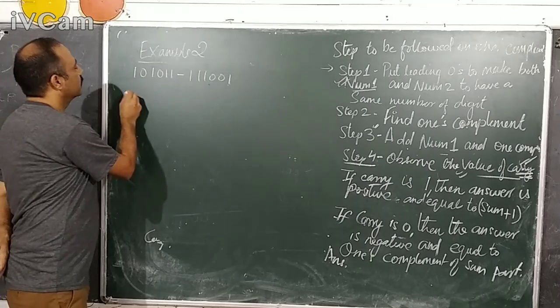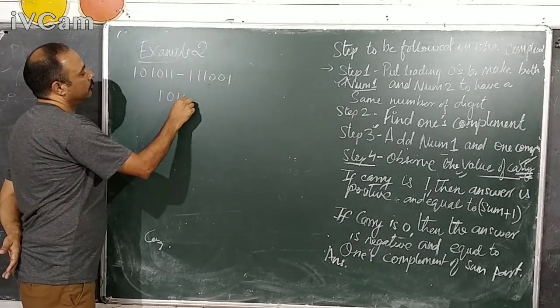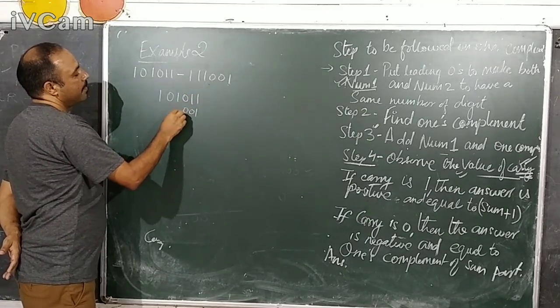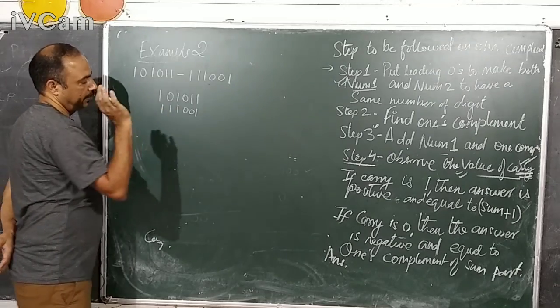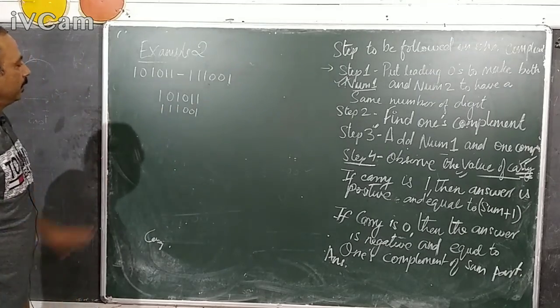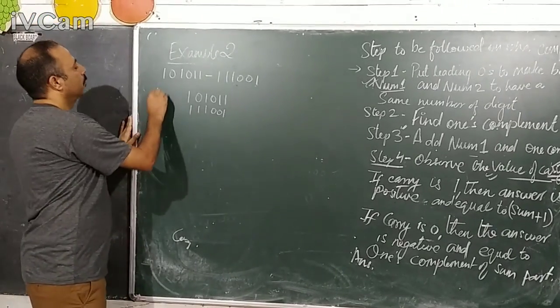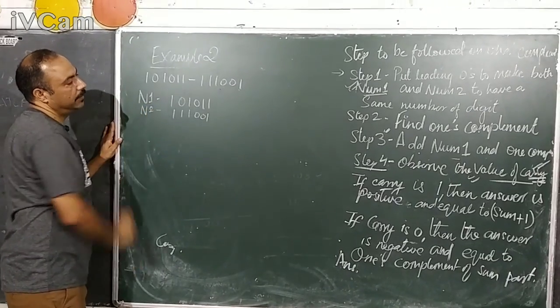Now first step, digits are equal, so we'll just follow the drill. This is equal. These are equal. The second step, we have to find the 1 complement. So this is number 1, the first number. This is number 2, the second number.